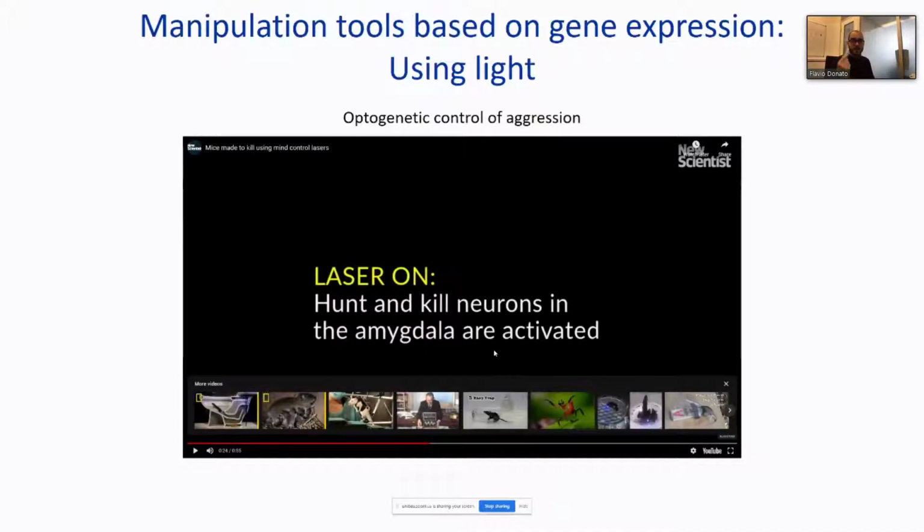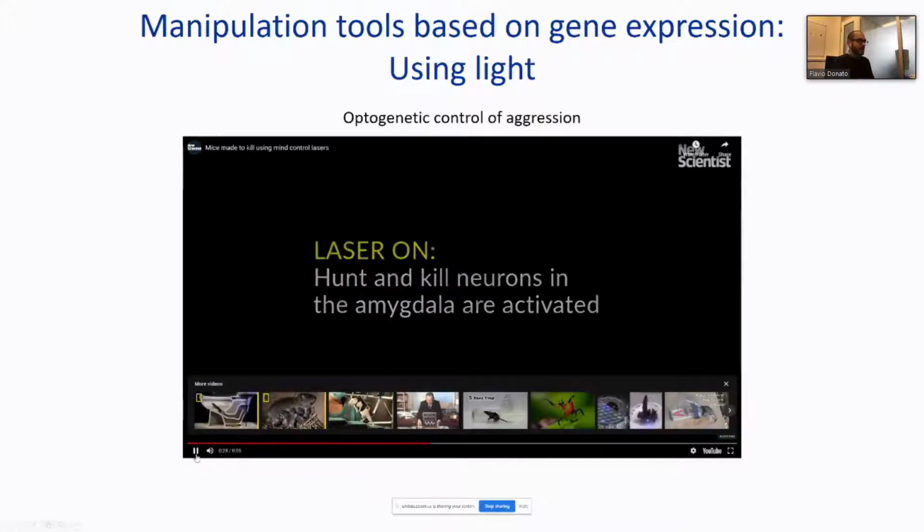The optic fiber was implanted very close to these neurons, so that you can formulate the hypothesis that if those neurons are really necessary to induce aggression, the artificial activation of those neurons should induce the animal to become aggressive. To test this, they put a cricket in the cage of the animal, to have something to target the aggression.